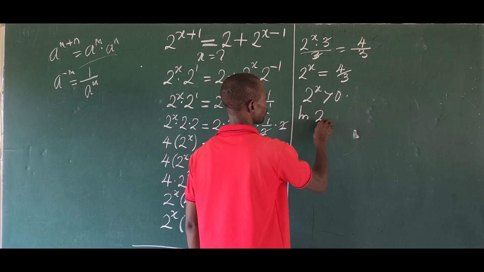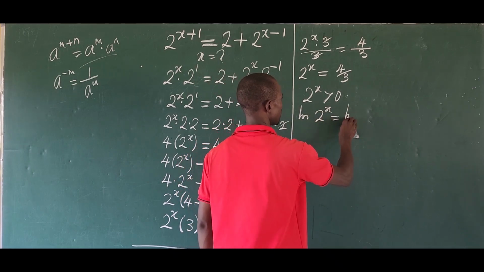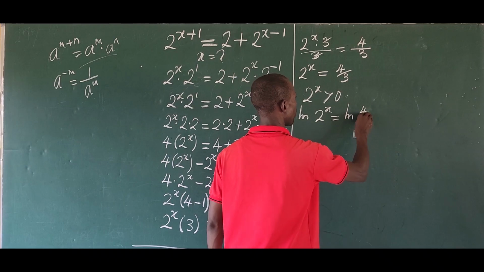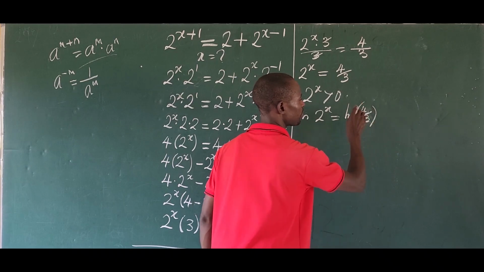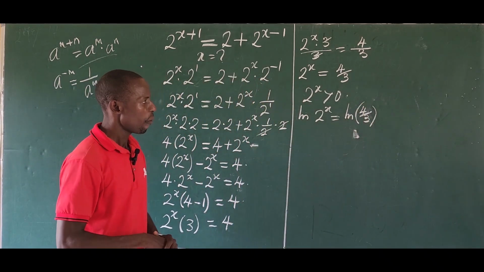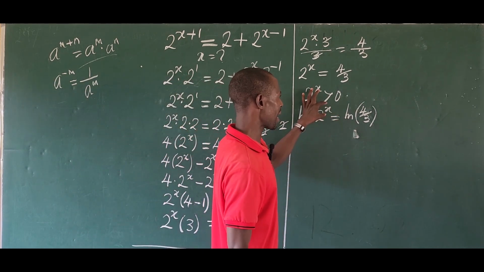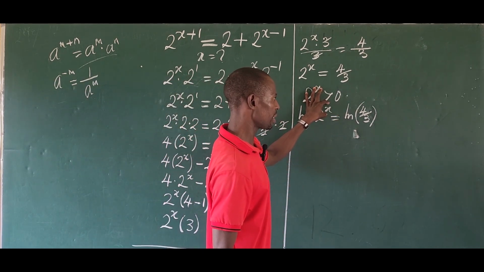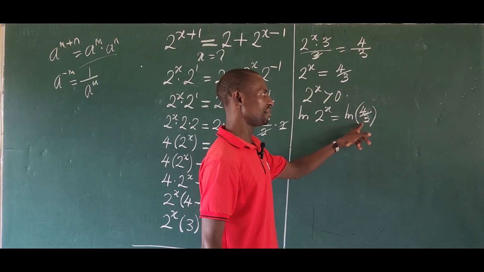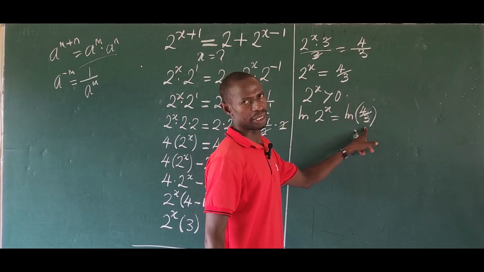So we have the ln of 2 to the power of x is equal to the ln of (4 all over 3). Let's put this in brackets. Here we have the power, so we're going to apply the power law of logarithm, and we're going to apply the division law of logarithm too.